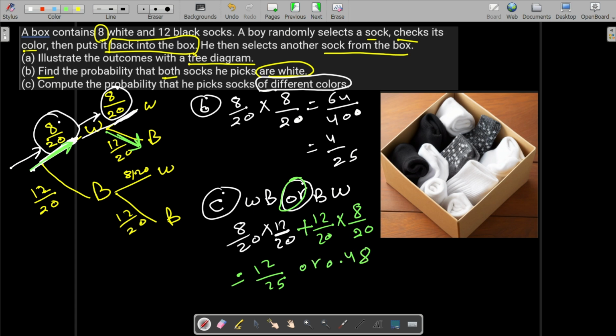Remember, since this question here is with replacement, meaning you put it back again, to solve this question some people can do it like that. I can have black and white, then white and black. No probabilities are going to be changed. So you can simply do 2 multiply 8 over 20, multiply here 12 over 20, and it's going to give you the same answer.